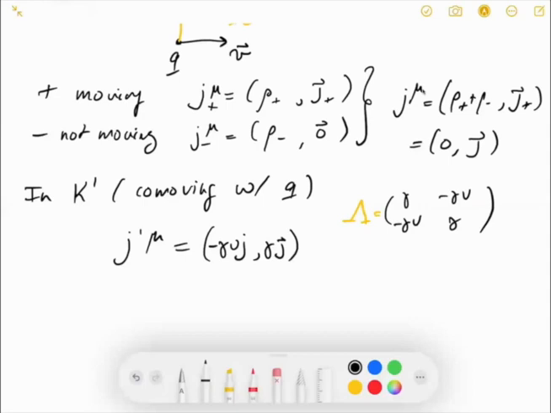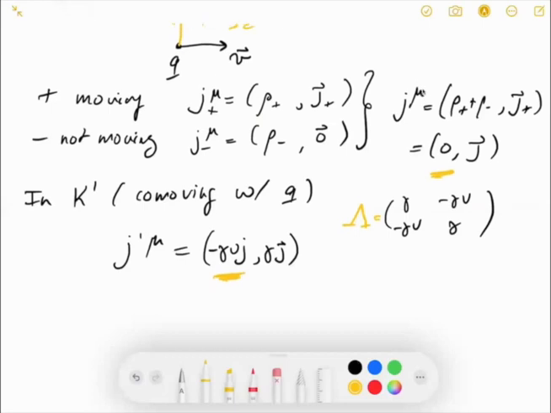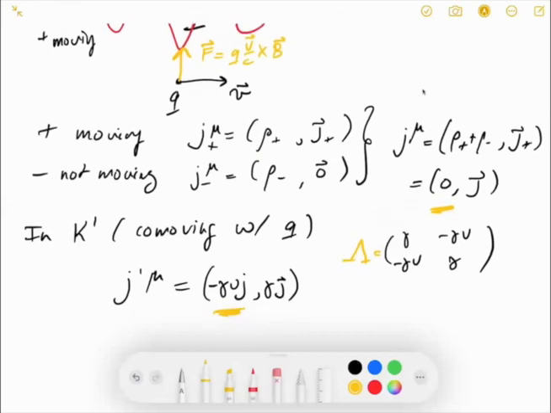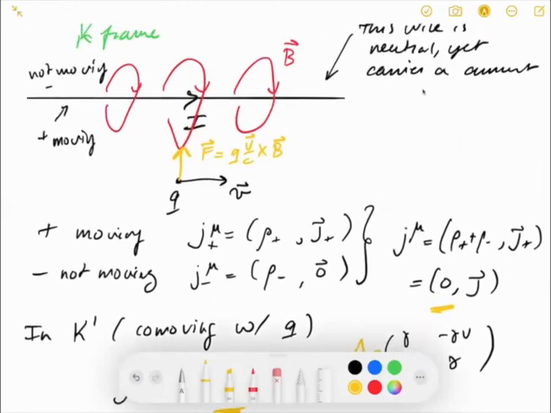Okay, so this is important. Before, we had a neutral wire, that's here, and now we have a charged wire. And hopefully you can already see what's happening. So in K prime, this wire is negatively charged. What does that mean? Well, in K prime, so let's draw this.